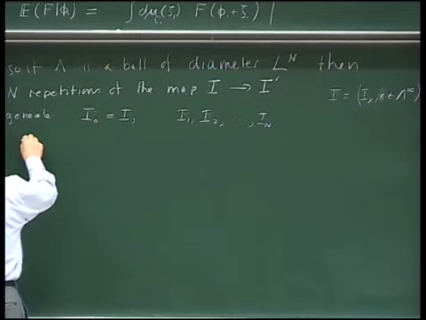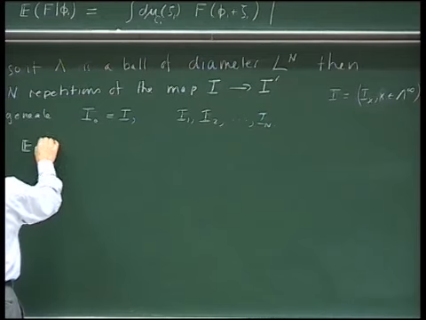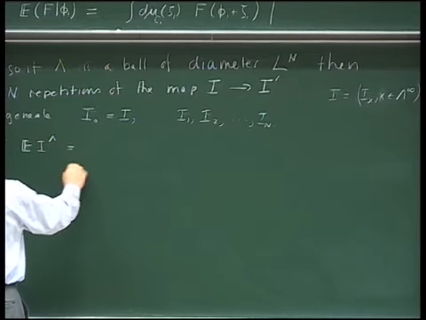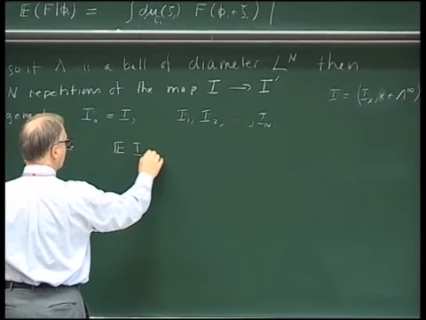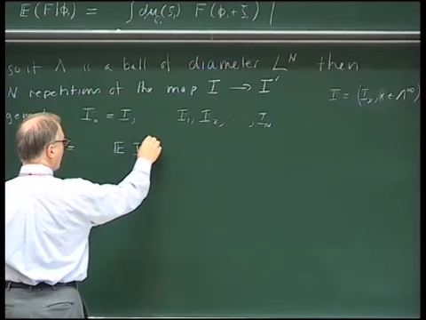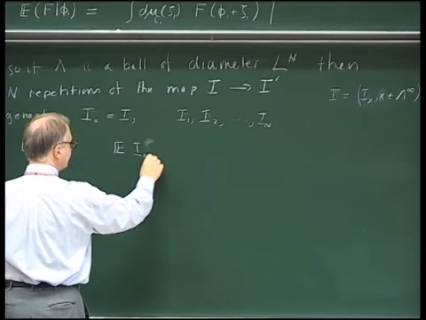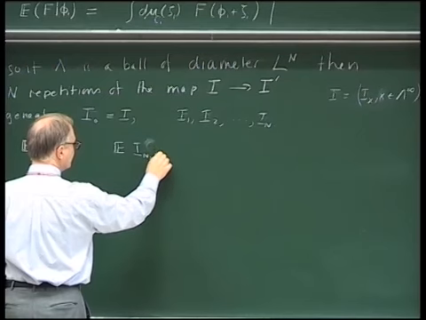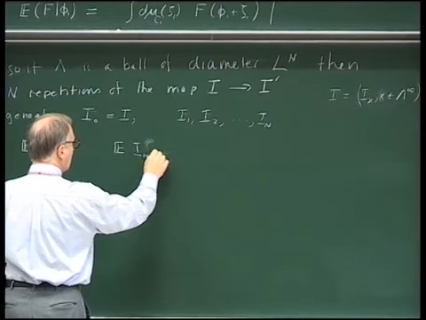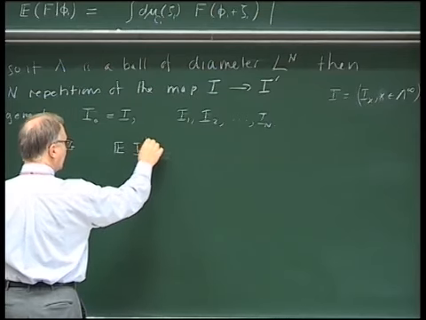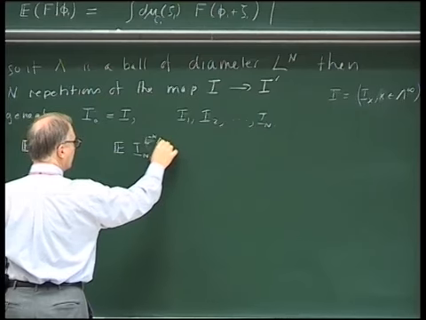And then we find that the expectation of I to the lambda is really just the expectation of I sub n to a single point. I want to write L to the minus n of lambda like that.